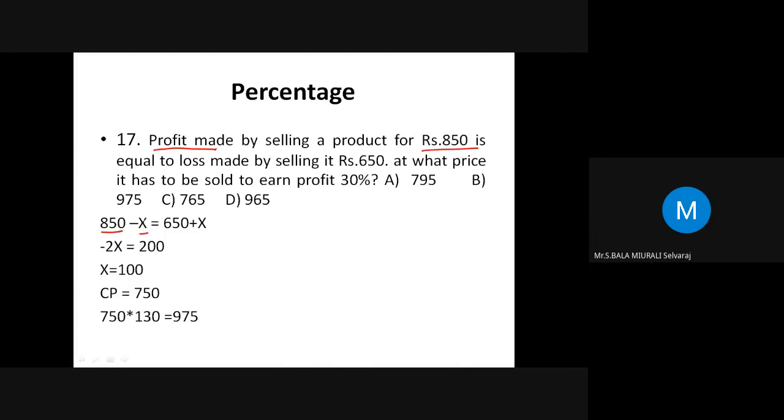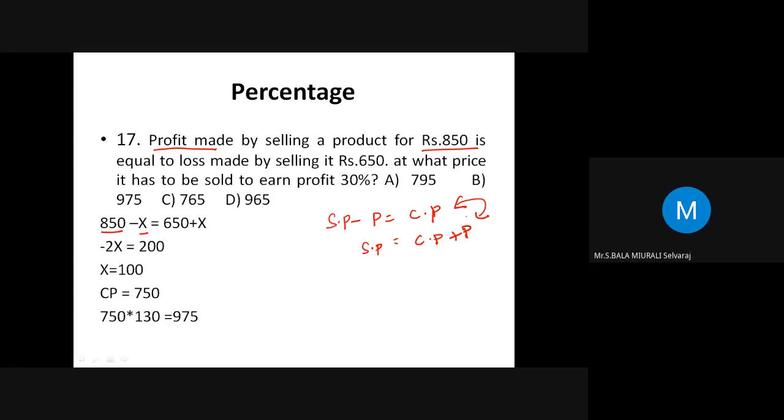Selling price minus profit equal to cost price. Put it the other way around: cost price, this minus profit comes to the other side, it becomes plus profit, selling price. Understood? Both are same. Yes or no? Yes, sir.